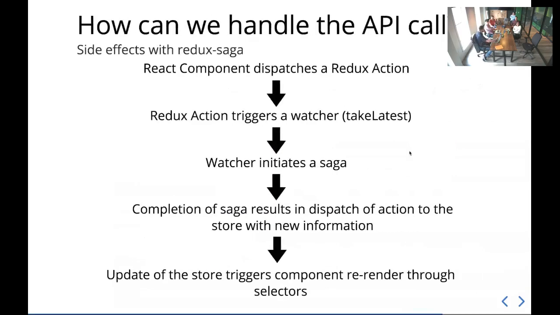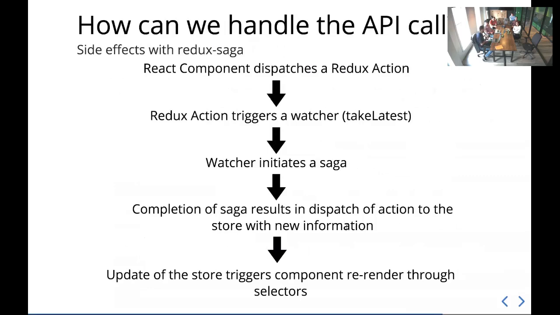Going back to the structure or data flow that I presented in the beginning, the click dispatches an action. The action then triggers a watcher within our Saga, and that's the trigger for the actual Saga to begin. Then the Saga, the generator, I use Saga and generator interchangeably because they're pretty much the same thing, at least the way it's implemented, keeps working and doing whatever it needs to do until it gets the information back.